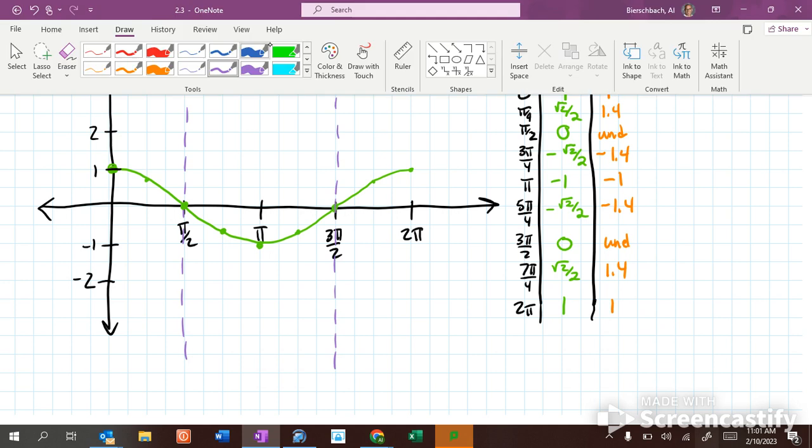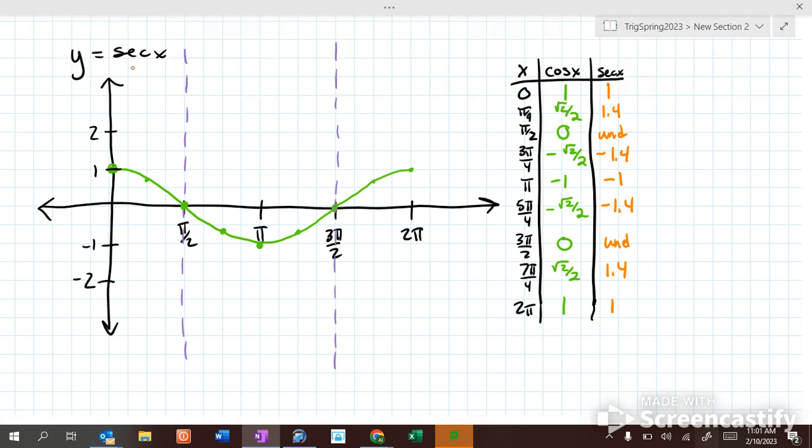So, in orange, at 0, I'm at 1. At pi over 4, I'm at 1.4. And as I get closer to pi over 2, what's going to happen? Going to go up or down? If I'm here and I go to here, I'm going to go up.